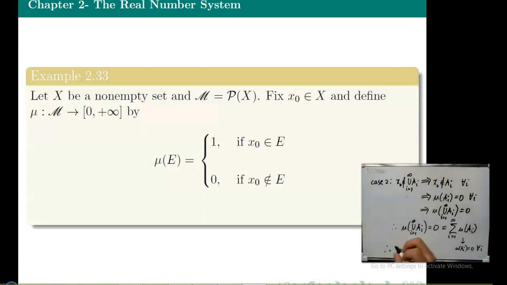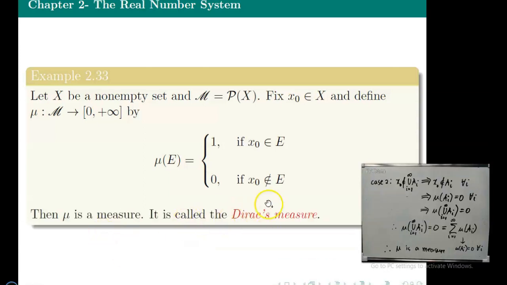We can conclude now that mu is a measure. So that's it. And this measure here is called the Dirac measure.